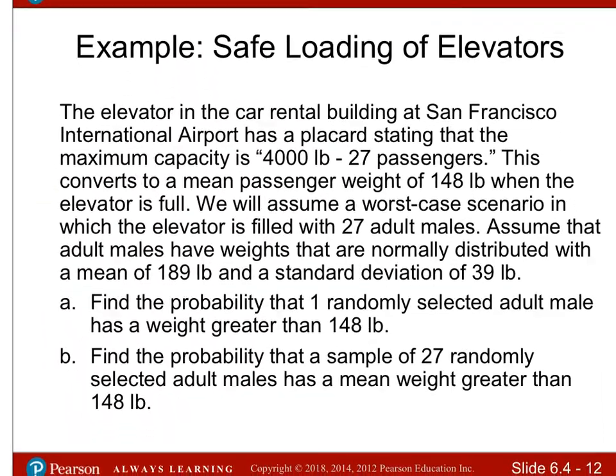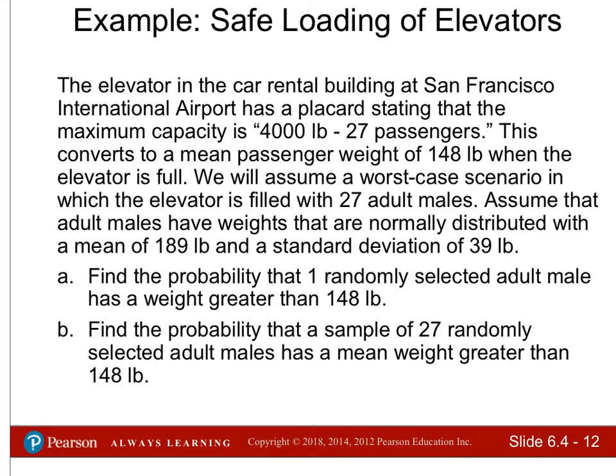Now this is interesting. So the elevator car in a car rental building at the San Francisco airport has a placard stating that the maximum capacity is 4,000 pounds or 27 passengers. This converts to a mean passenger weight of 148.